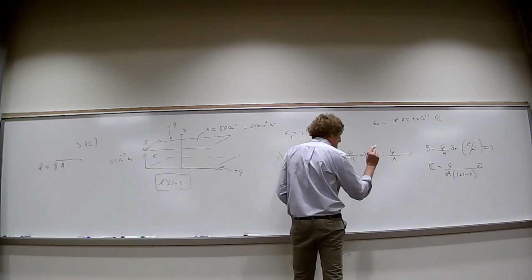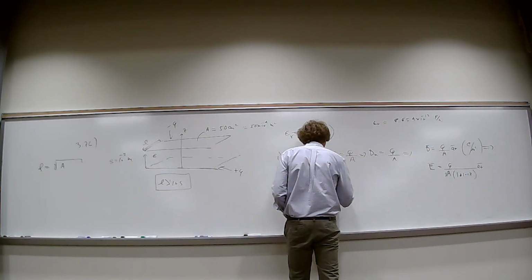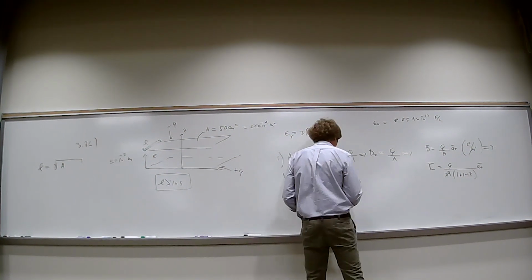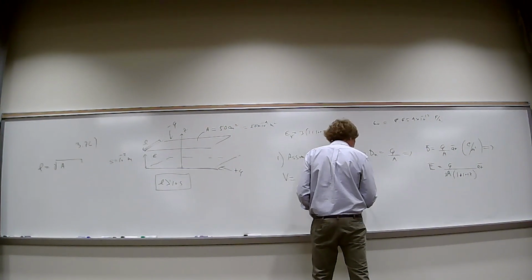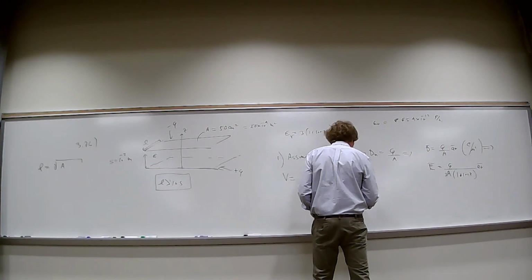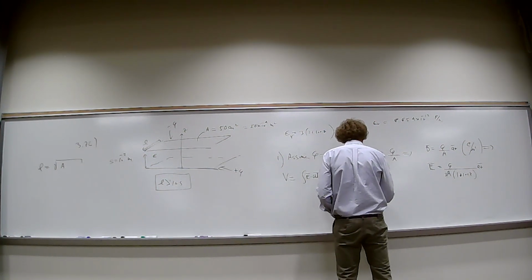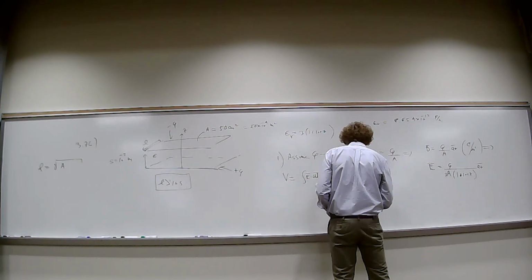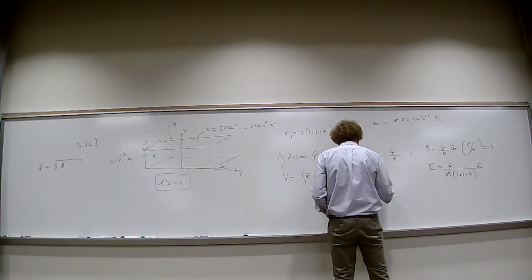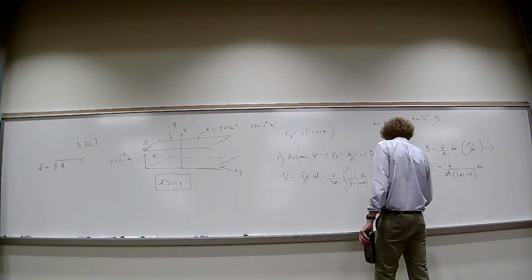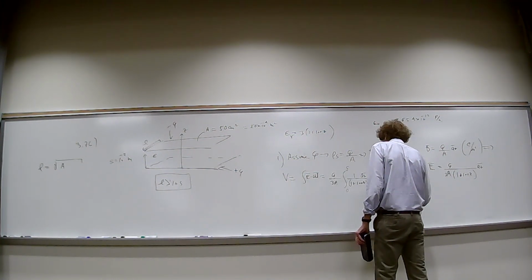I don't really care about the signage here, so I have Q over 3A, and then I have the integral of 1 over 1 plus 100z, and it's dot simply dz az, from 0 to S. Now, that means it's going to be Q over 3A.